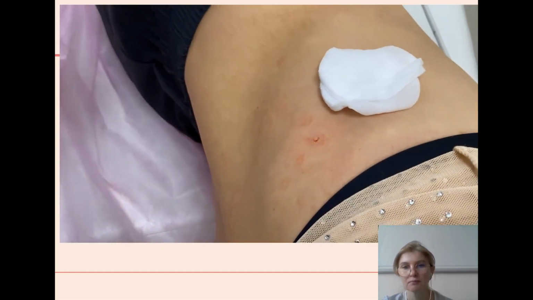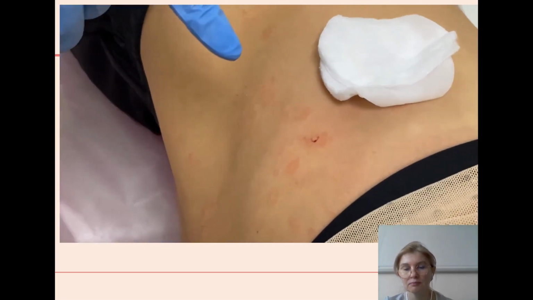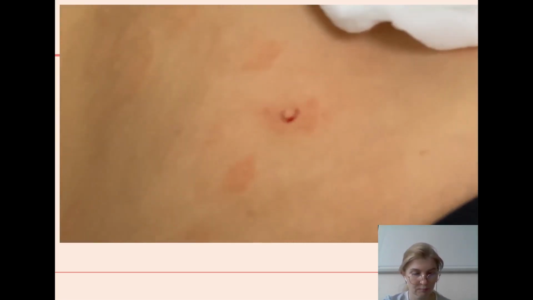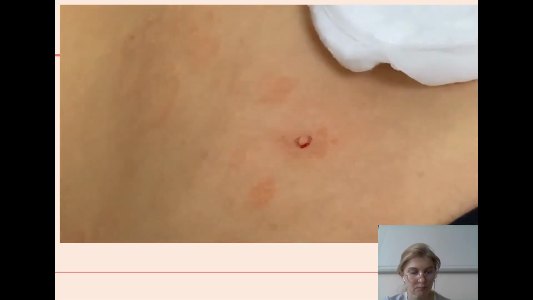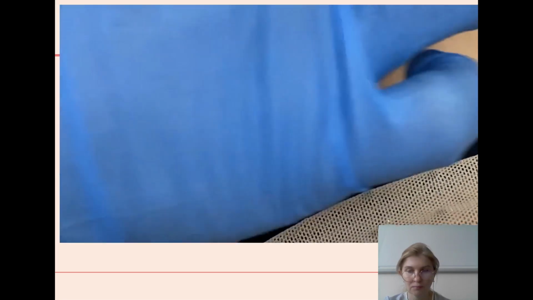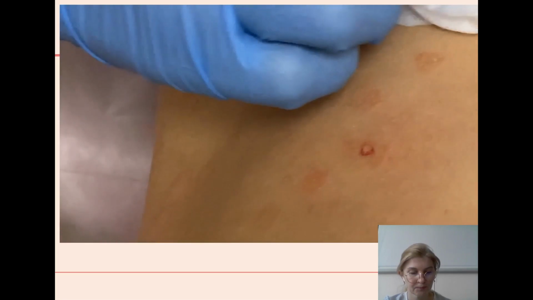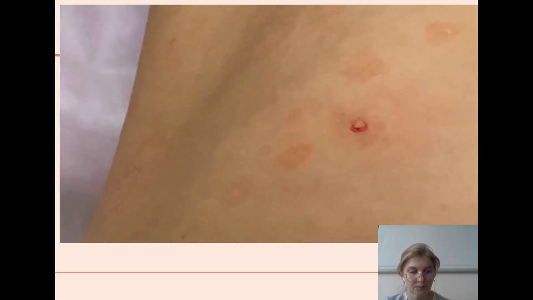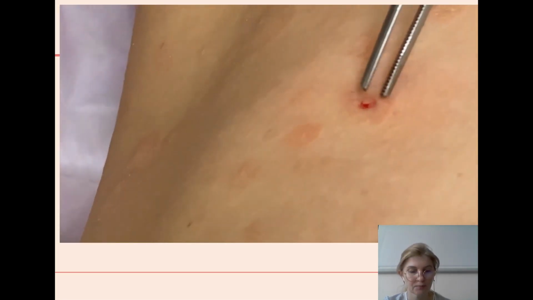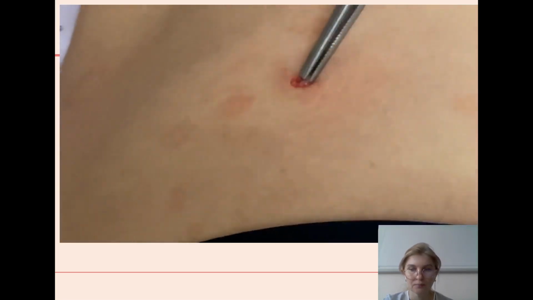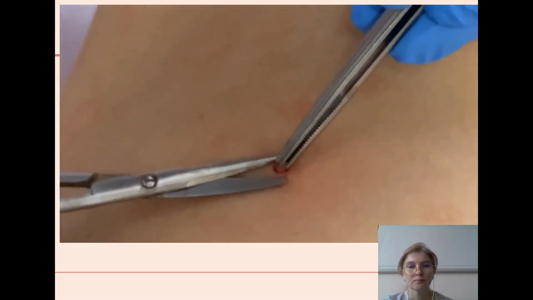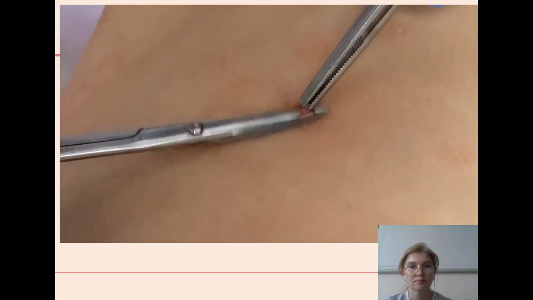I made this circle part of the skin. And I'm pulling up and cutting off this fragment of the skin.